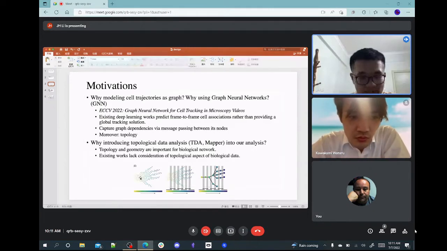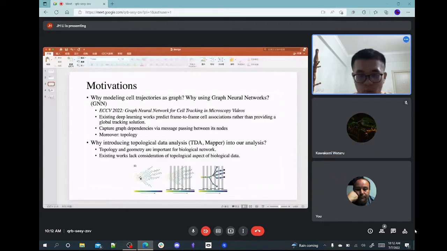We will assume that this function maps the point cloud to one-dimensional data, a one-dimensional embedding, and we will partition this one-dimensional embedding into multiple intervals, namely covers, and these covers are overlapping.